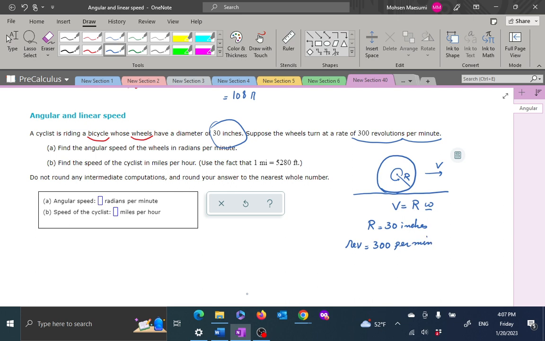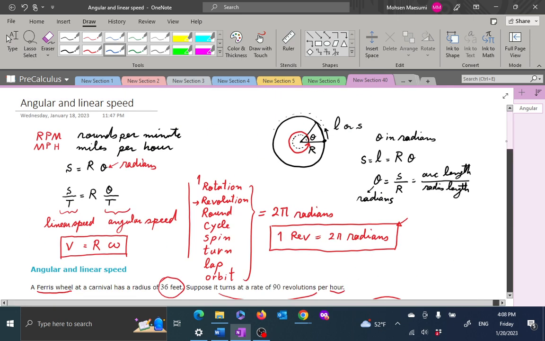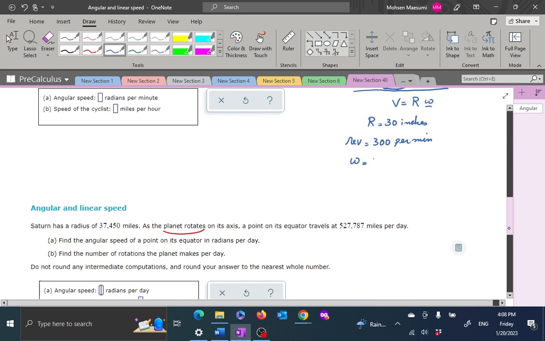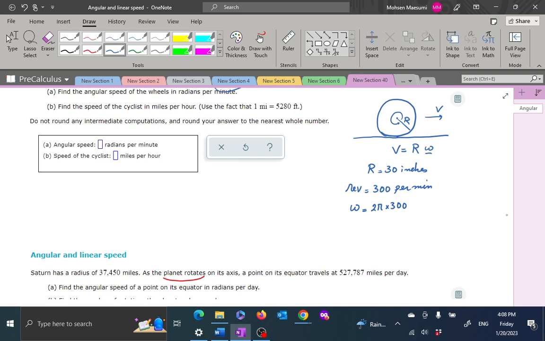Always remember, first you want to convert your revolutions to radians. So if we set revolution to radians, one revolution is 2 pi radians. So we say omega is 2 pi times 300. So now we call it radians per minute.